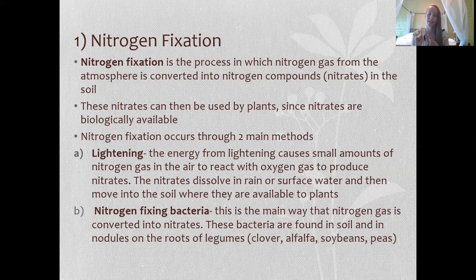So plants like alfalfa, clover, peas, and soybeans are all really good things to plant if your soil is low on nitrogen. So for example, if you had other crops planted there for a couple of years, those crops would have removed the nitrogen from the soil. And so to put nitrogen back into the soil, you might plant one of these legumes in order to make your soil higher quality.